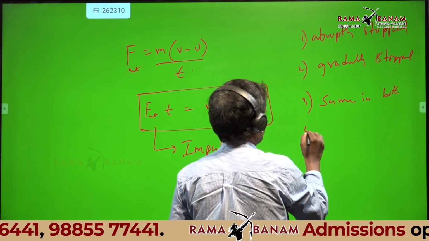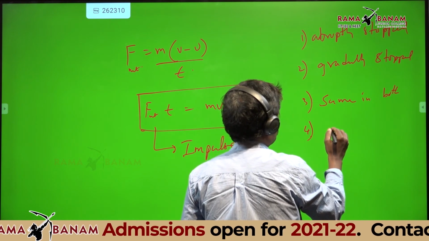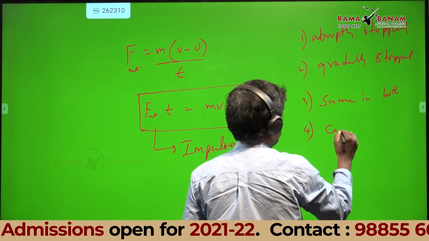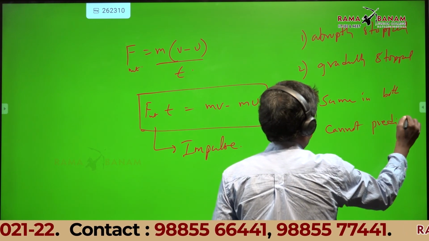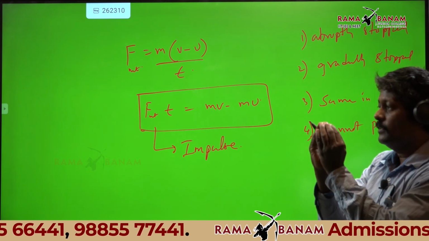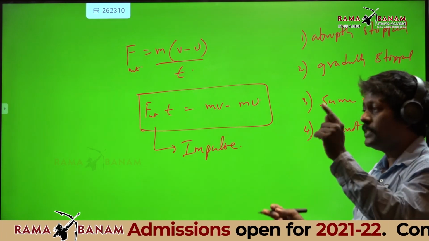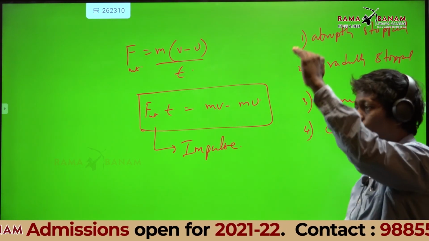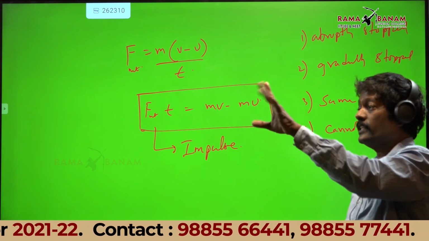Fourth case, cannot predict. Now, if he stops abruptly or gradually, or is the impulse the same in both, which option is correct? You have to explain, then only you will get the gift.